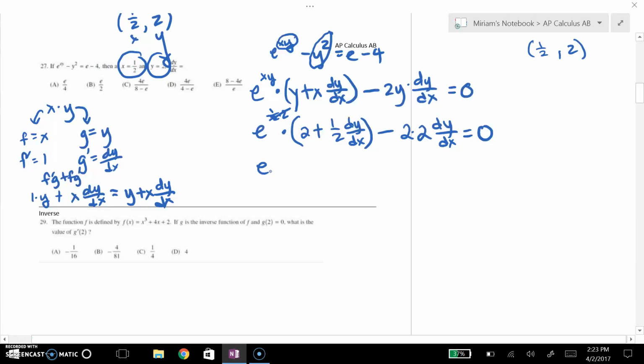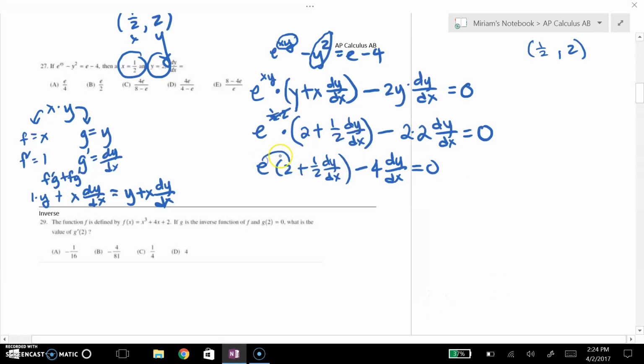Now I cannot combine 2 plus 1/2 because 1/2 has dy over dx attached to it, and 2 does not. They're not like terms. I know you're going to be tempted to add them together. Do not. Keep them separate. Minus 2 times dy over dx will be 4 dy over dx.